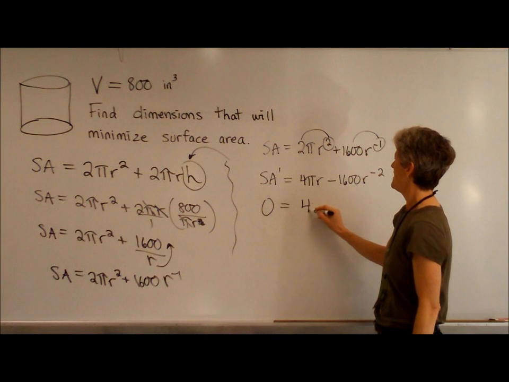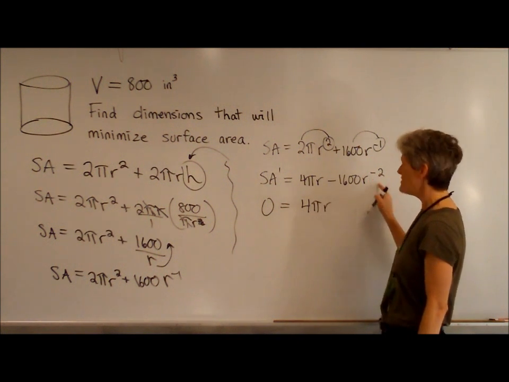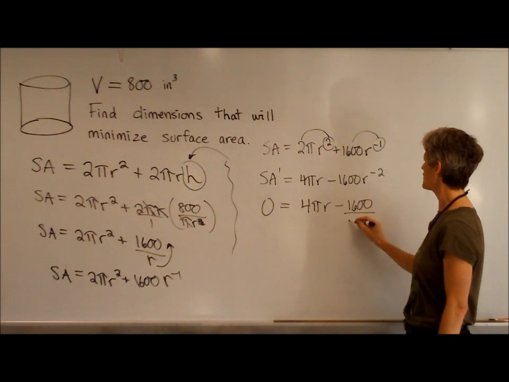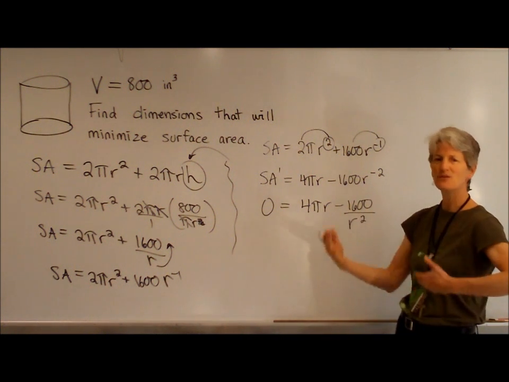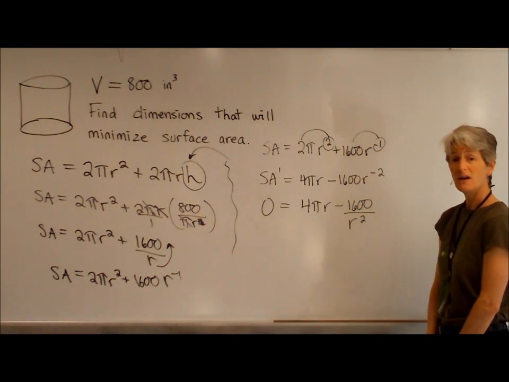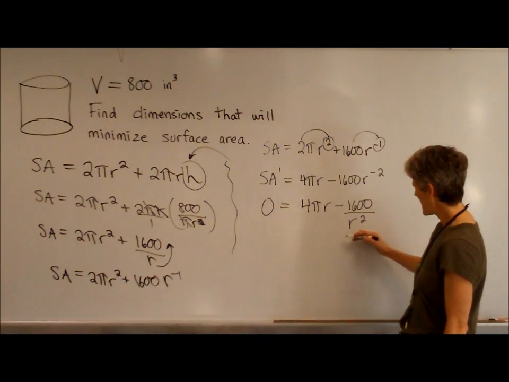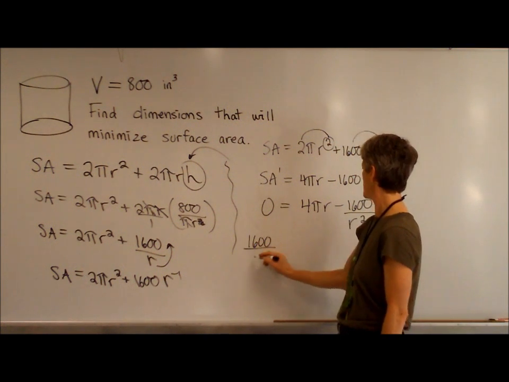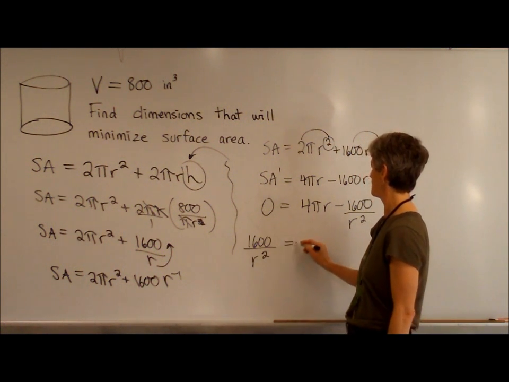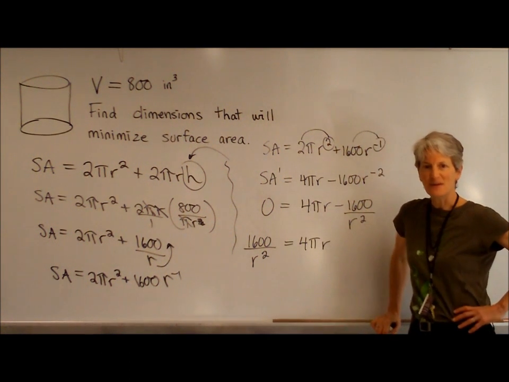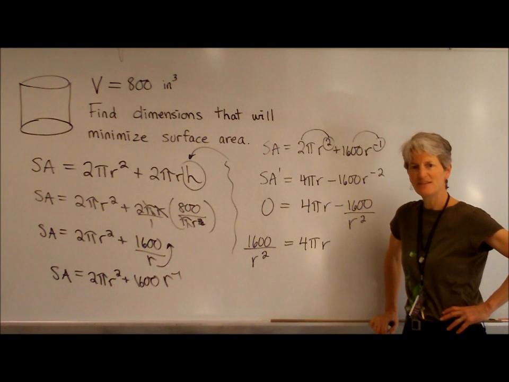So, at this point, I'm now going to rewrite this with that r squared in the denominator, just because it's easier for me to see what's going on. I'm solving for r. So let's see, I think I'm going to move this over here, add that term to both sides. Wow, this is looking a little complicated, Mr. Haas. Any ideas what I should do?